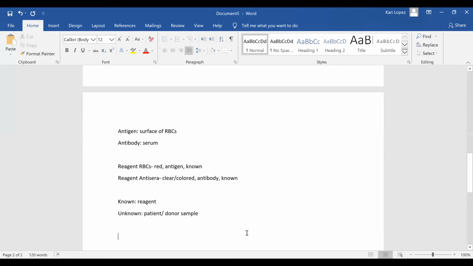And when you are determining the antigen, that's going to be your forward type. If you think about it, your forward is like your big kahuna, and your antigen is what you're talking about when we're talking about ABO and antigen. And then determining antibody is going to be your reverse typing.